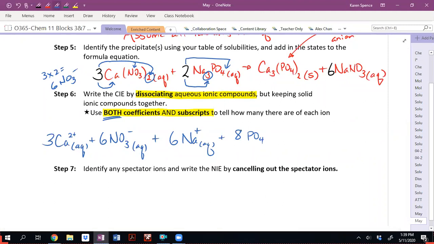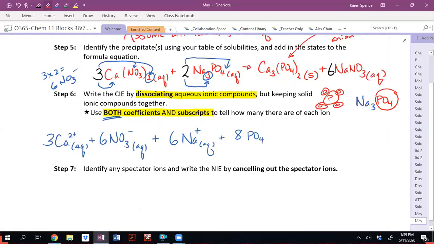I'm being super tricky here. You have 2 Na3PO4. How many PO4s do you have there in the formula? If we got rid of that 2, how many PO4s do we have? How many phosphates? Remember, phosphate is 1 phosphorus with 4 oxygens attached.